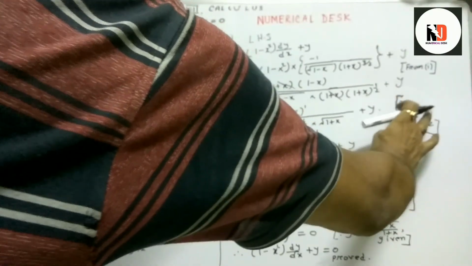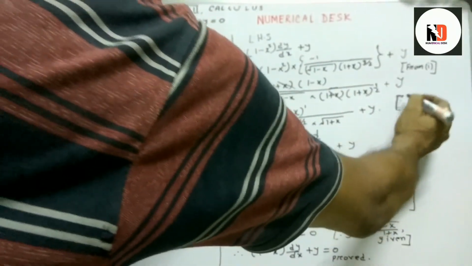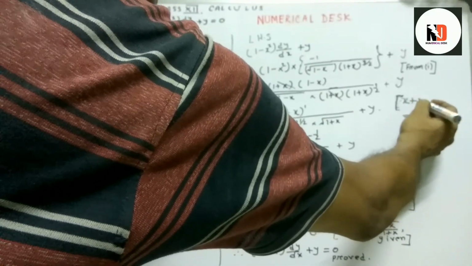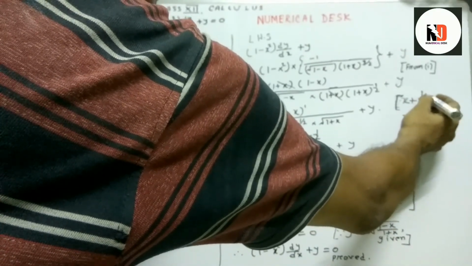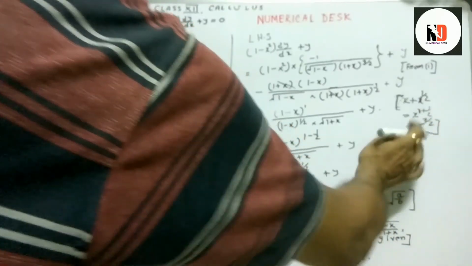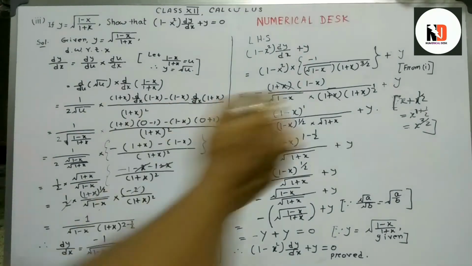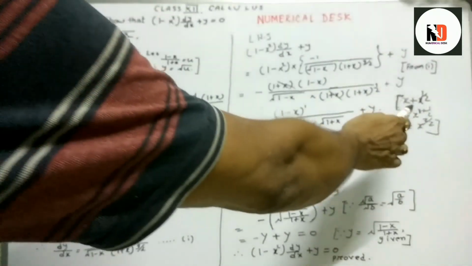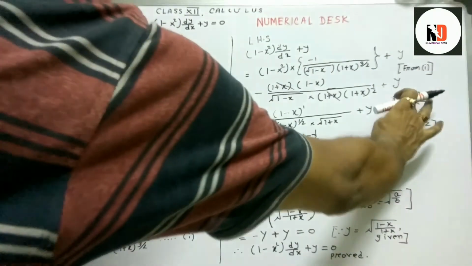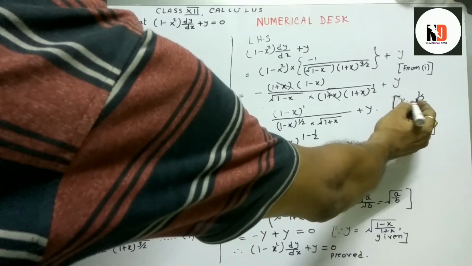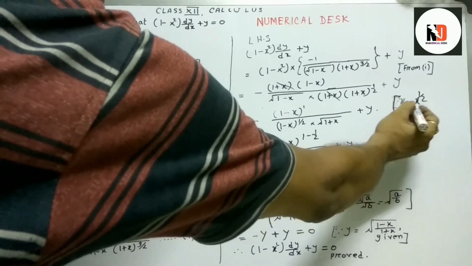Carefully see, x into x to the power half. This is not plus, actually the pen is slipping. Okay, so this is not x plus, this is x into x to the power half, because x to the power 1 plus half equals x to the power 3 by 2.